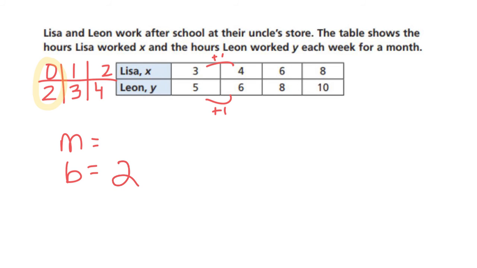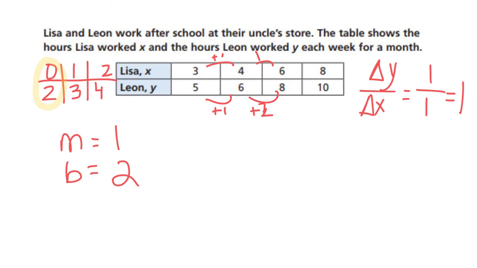Now to get my x, again from the table, the best way to find your slope is to do the change in y divided by the change in x. So I already looked at this and saw that my y changed by 1 when my x changed by 1. And 1 divided by 1 is 1. And you can see that again right here if you look from 6 to 8 was a change of 2.